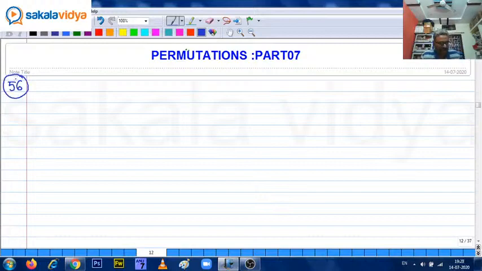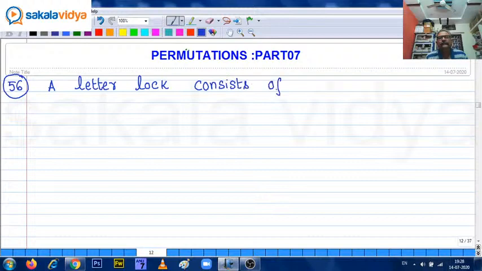Fifty-sixth problem. A letter lock consists of three rings, each marked with 10 different letters.